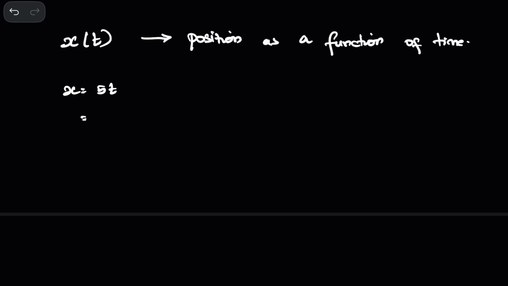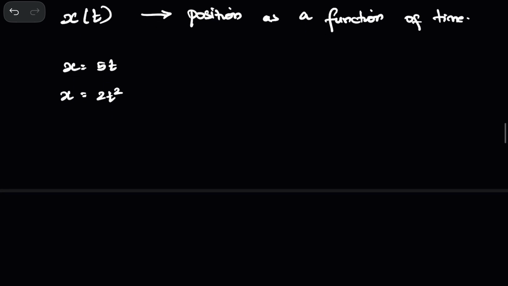If you were to differentiate this, this describes the position that changes or increases steadily with time. And let's say I have x is equal to 2t squared, then this would describe the position that changes more rapidly as time passes. So this is a compact description of motion overall.